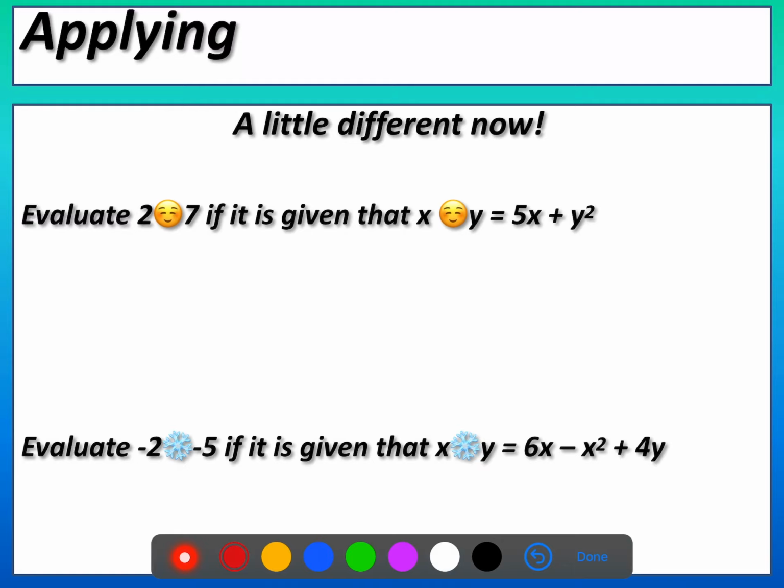Okay, the last thing that we're going to look at is just kind of a different representation here. So we're still evaluating and we're still associating with x and y, but instead of using f of x, we sometimes are given different symbols. So this is telling me that 2 smiley face 7 corresponds to x smiley face y, and there's an equation that goes along with it.